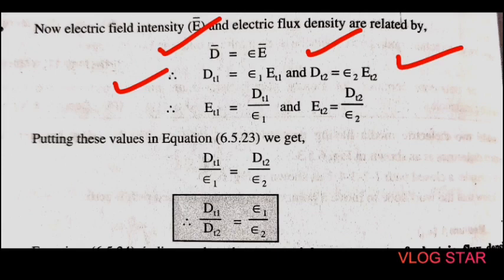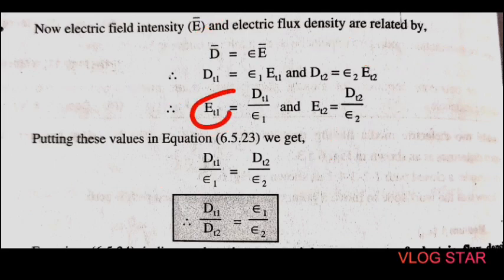According to this equation we can write Et1 is equal to Dt1 upon epsilon 1, and Et2 becomes Dt2 divided by epsilon 2. If we compare these equations, then Dt1 upon epsilon 1 is equal to Dt2 divided by epsilon 2, since according to the previous equation Et1 is equal to Et2.